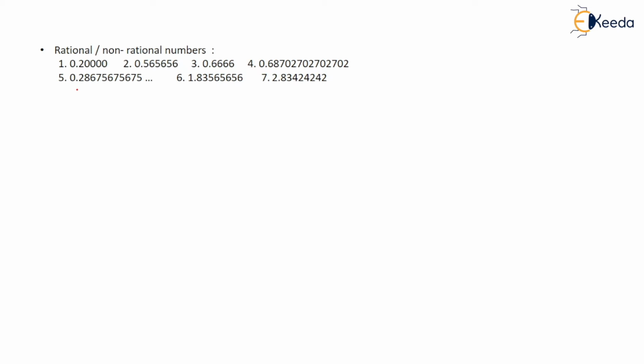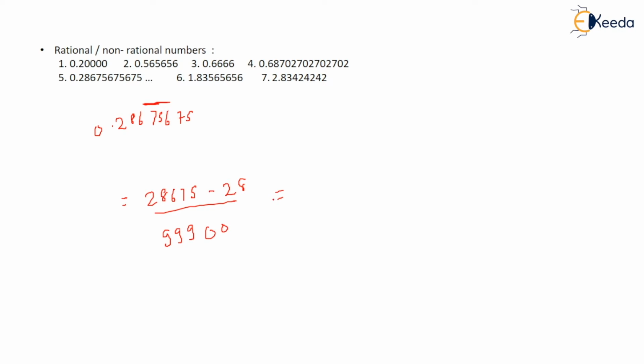Let's see next question, that is 0.28675 like, so which is reoccurring 675, so you have to put reoccurring sign. So what you can do, you can do it like 28675 minus which are not reoccurring, that is 28 upon number of reoccurring sign, and 3 it is, so 999, and those which are not occurring, that is two zeros.